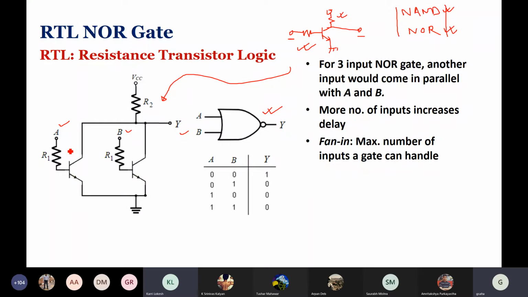Zero means how much voltage? If A is 5 volt, B is 5 volt, then Y is how much? Nearly 0. No, just give some number. Zero means what? 0.001? 0.7. Y is 0.7. Okay, why so? What makes you think that it is 0.7?